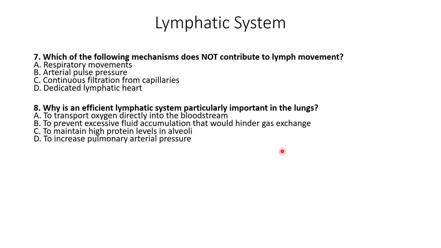But if you don't have proper lymphatic drainage in the lungs, what will happen? You will have capillaries that have blood flowing through them at some X amount of pressure. Of course, they're not under as much pressure as they would be, say, in the aorta, but they would be under pressure enough that there is tissue fluid leaking. And that would then build up in the lungs.